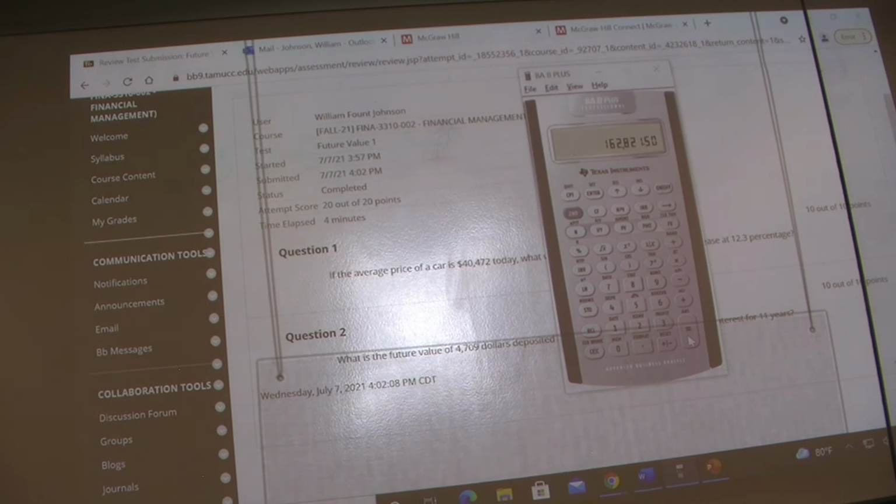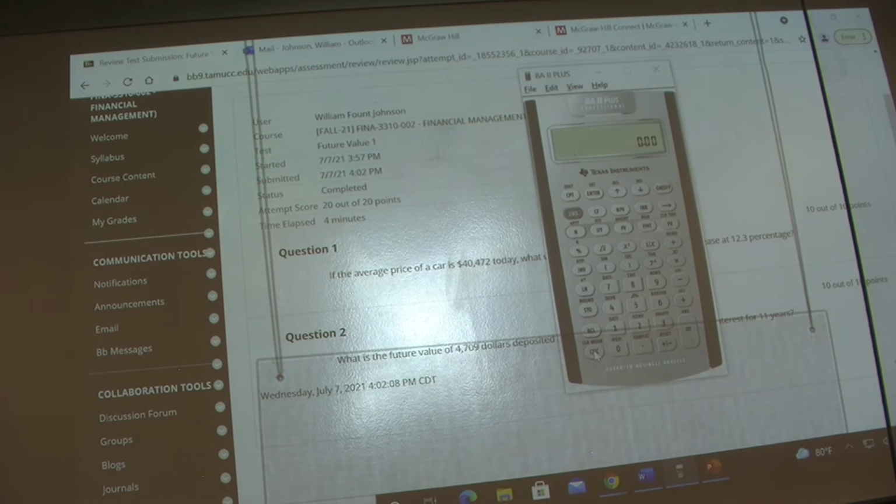We get a future value equals 162,821.50. Alright, so that's how we solve the formula way.